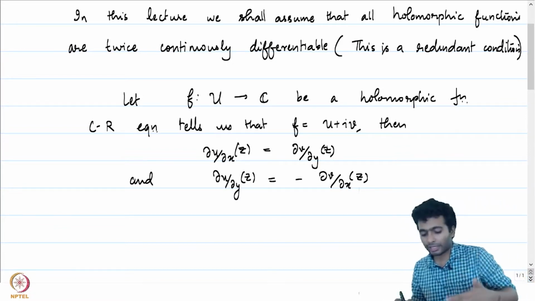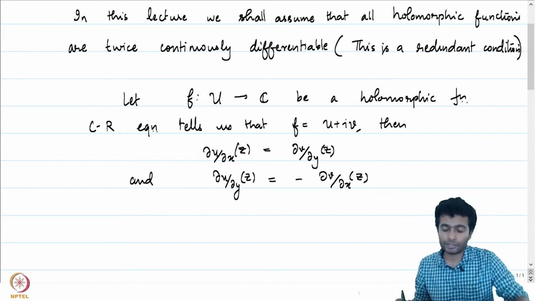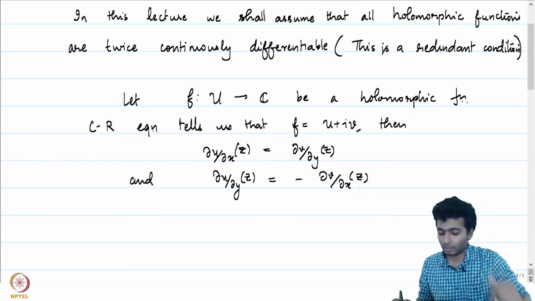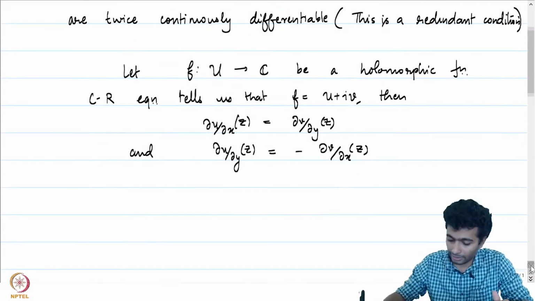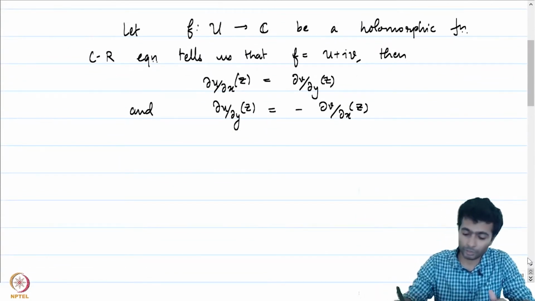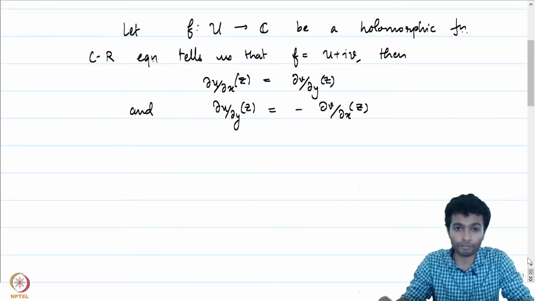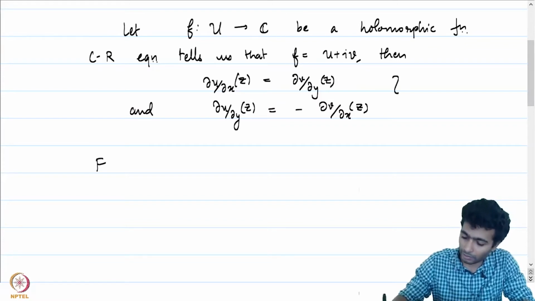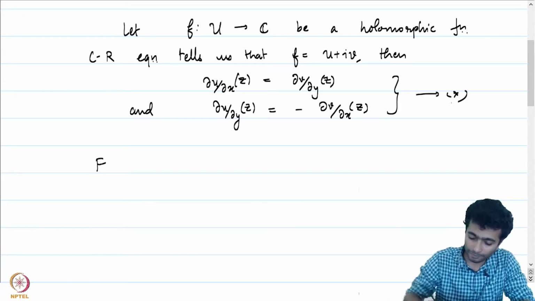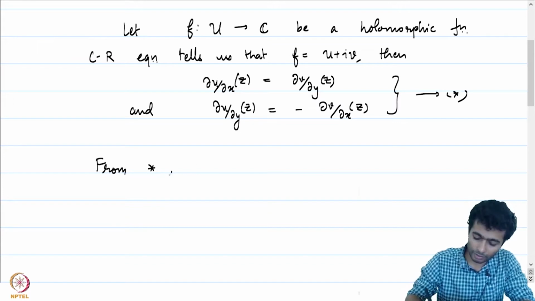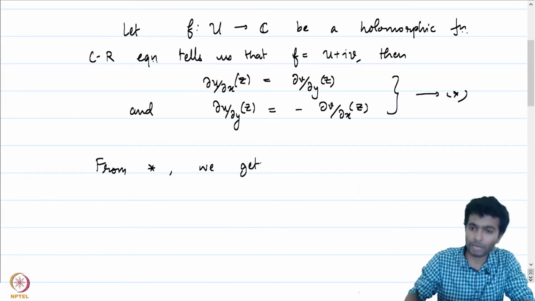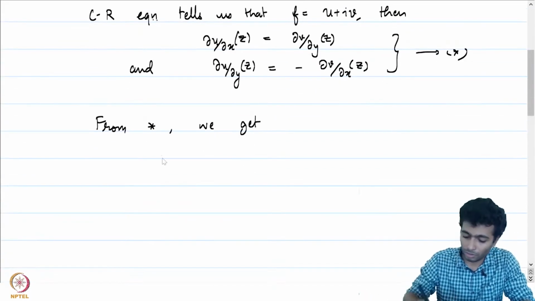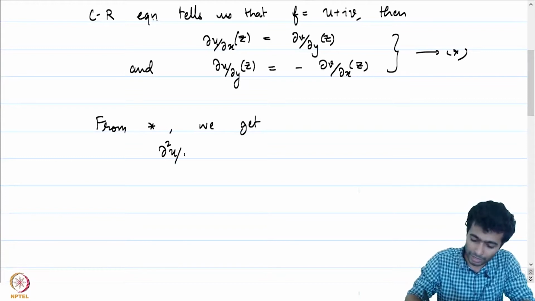Now we have assumed that f is twice differentiable, so we can take the next derivative. For example, we can look at the second order partial derivative of u. So from star we get, let's see what happens to ∂²u/∂x² of z.